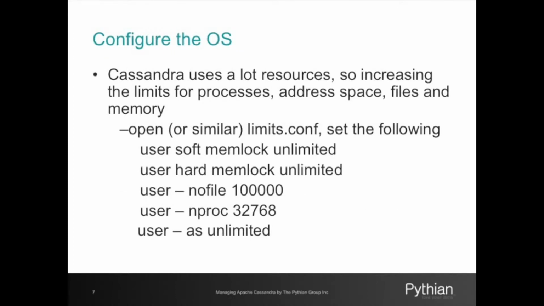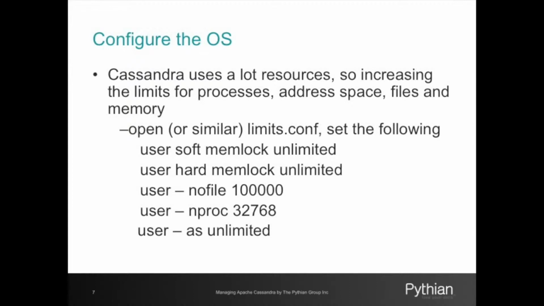Then you need to configure some settings on the operating system itself, because Cassandra is really resource intensive. And by default, Linux systems do not give unlimited resources to whatever program is running. So you need to change the configurations for the user you actually have. I recommend creating a Cassandra user for the Cassandra installation, and then you go to the limits.conf file.